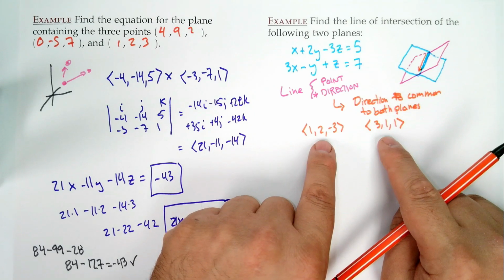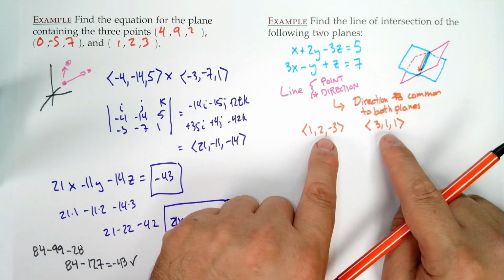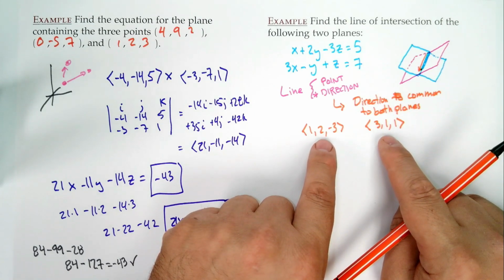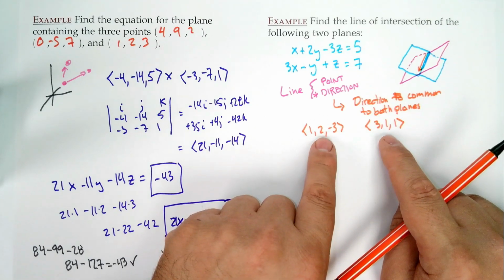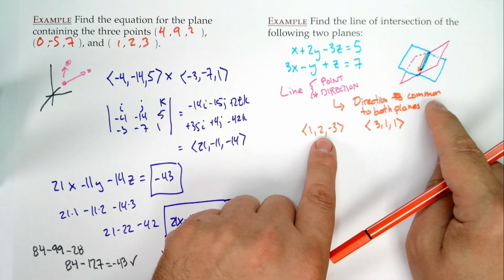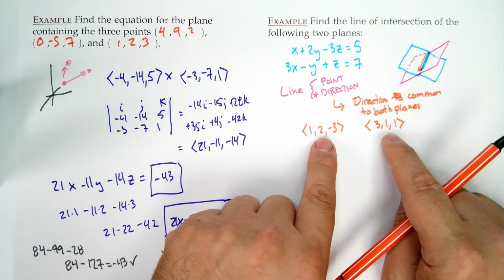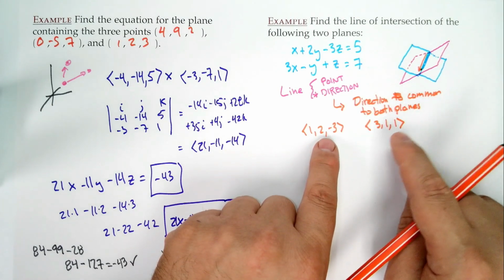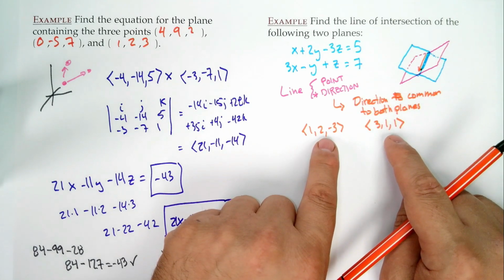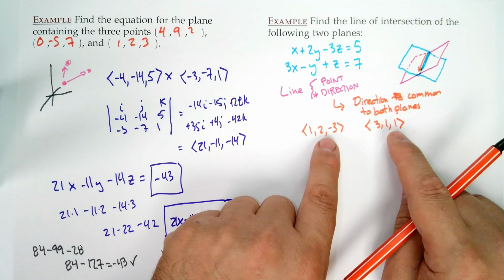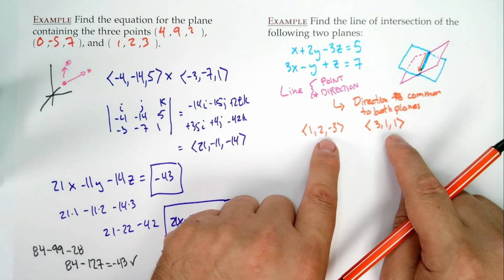These are 2 different directions. These are the directions of the normal vectors. Now, the definition of the normal vector is that it's perpendicular to the plane. In particular, this normal vector has to be perpendicular to the line, and this normal vector has to be perpendicular to the line. So now I have 2 vectors which are both perpendicular to the direction of the line.